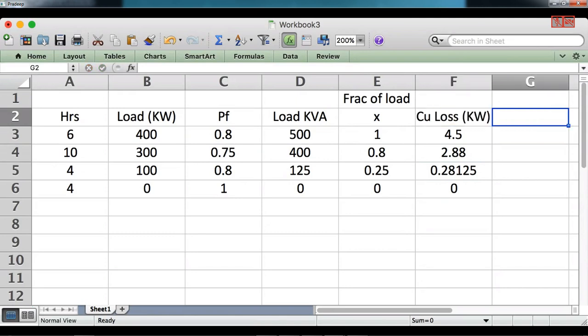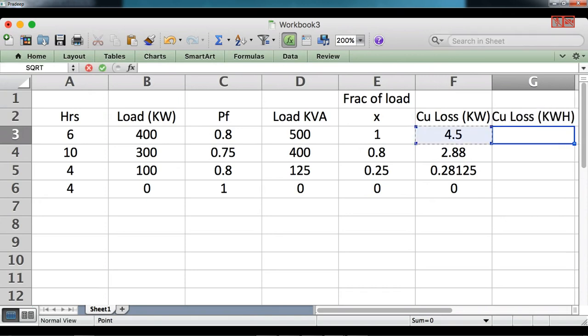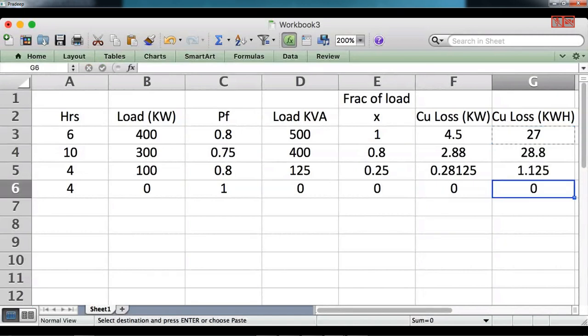Here copper loss energy, kWh. So what is the total energy of copper loss? Nothing but copper loss multiplied by the time. So time is 6 hours. So like this 27 units. These are all kilowatt hours that is being lost.